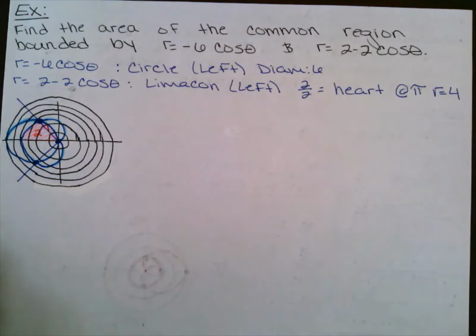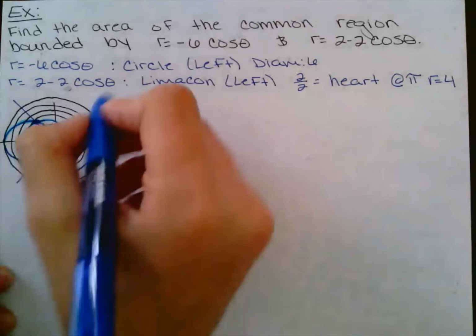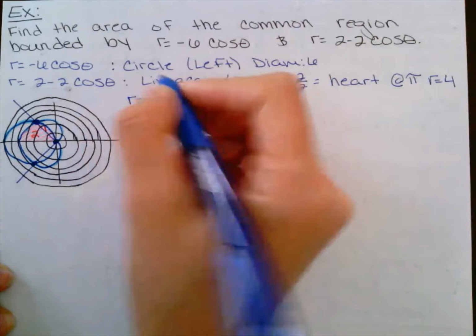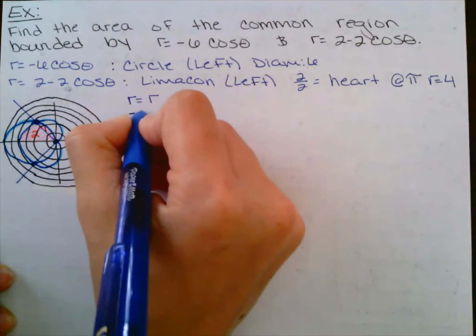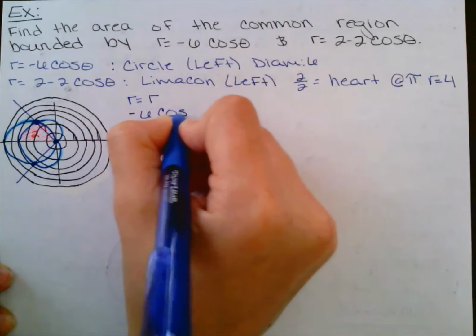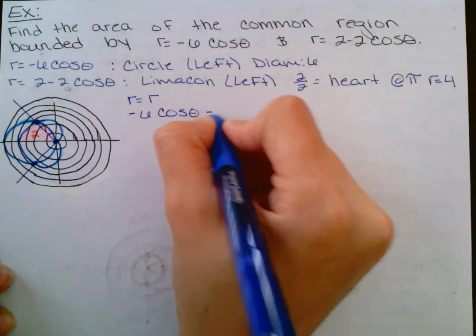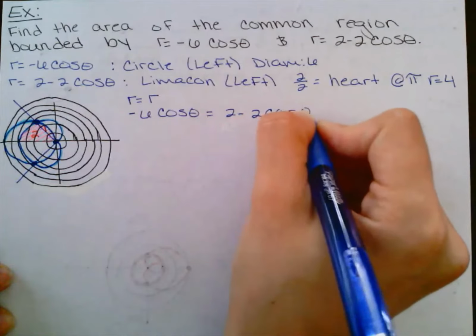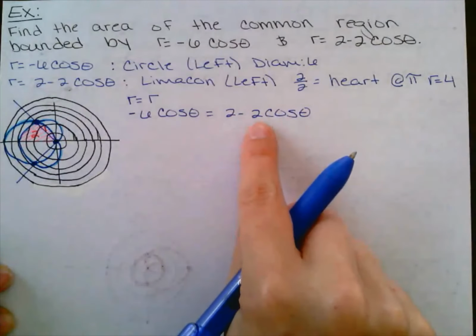Let's go ahead and find those points of intersection. Let's set them equal to each other. So if I set both functions equal to each other, I have -6 cosine of theta equals 2 minus 2 cosine of theta. I'm going to get my cosines together, so I'm going to add these two over here.